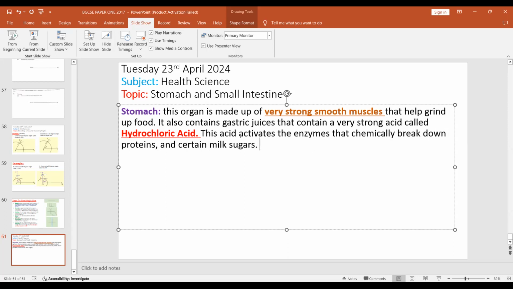So you need the hydrochloric acid because it's going to activate the enzymes that you need to break down proteins and sugars, right?